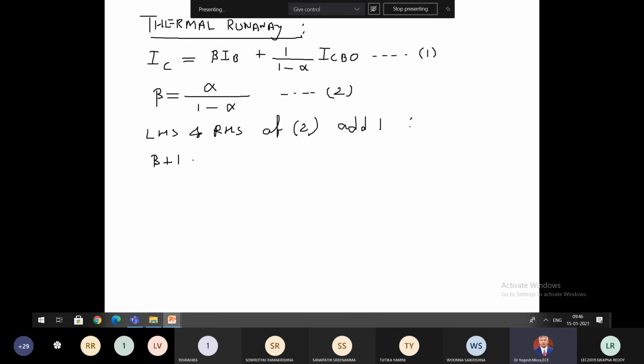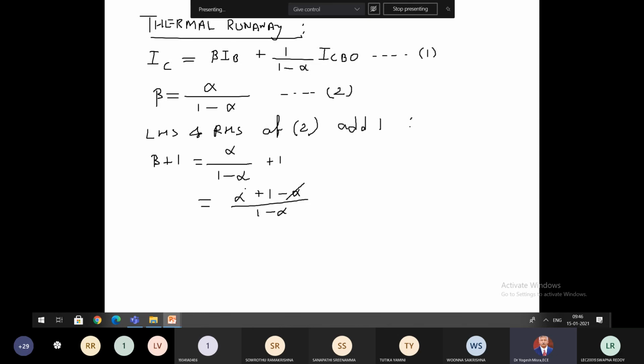Beta plus 1 is equal to alpha by 1 minus alpha plus 1, or this will be equal to alpha plus 1 minus alpha by 1 minus alpha. Right?